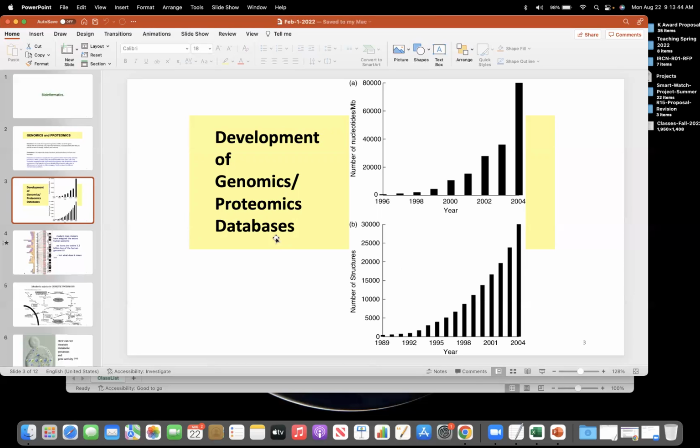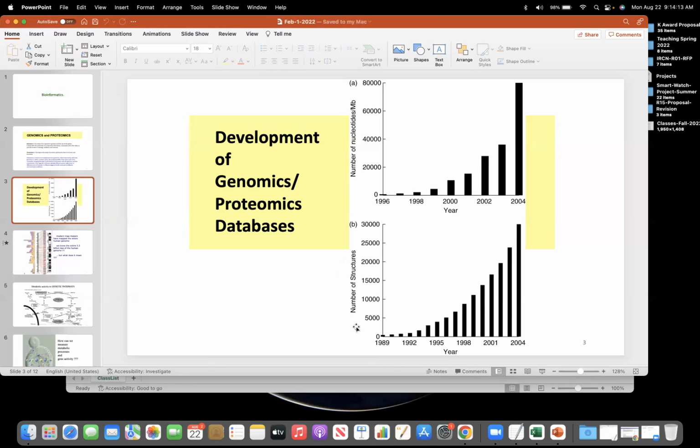So both graphs show both the genomic and proteomic, even though the genomic is the one that's supposed to stay constant? No, I guess both have to, so the first graph here is for genomics, like genes, nucleotides, and both graphs need to increase linearly, right?